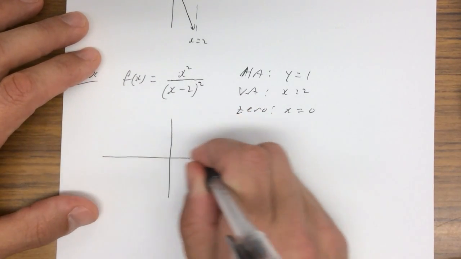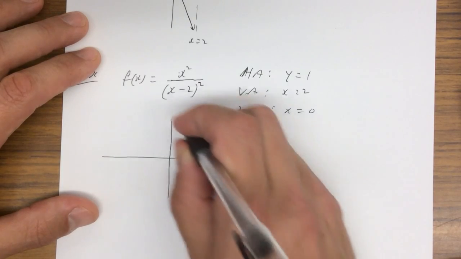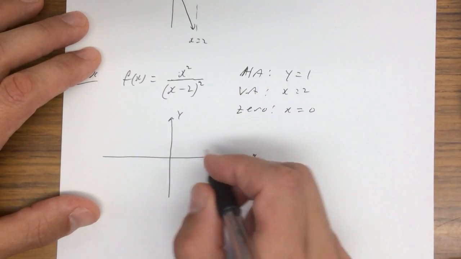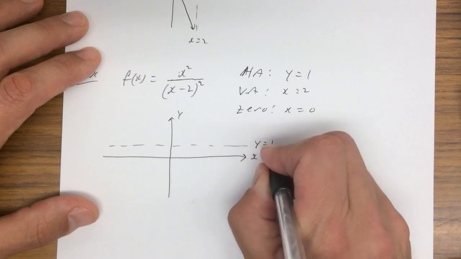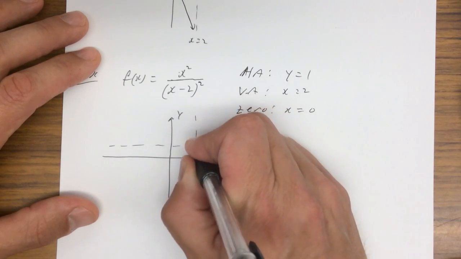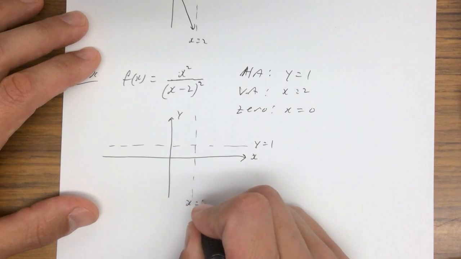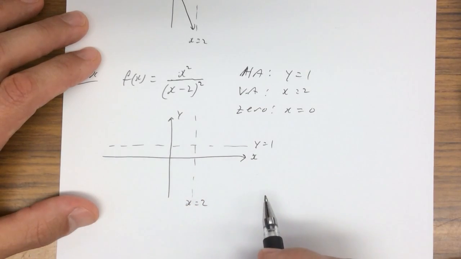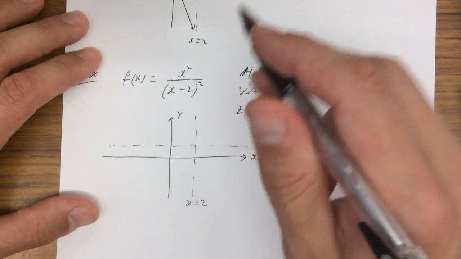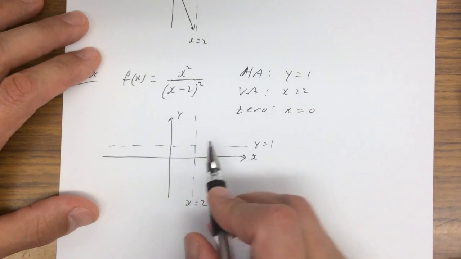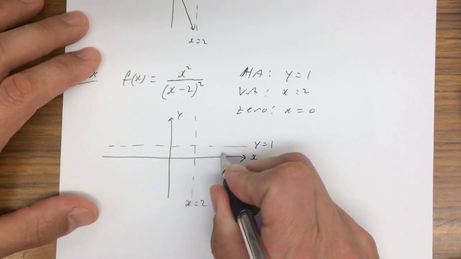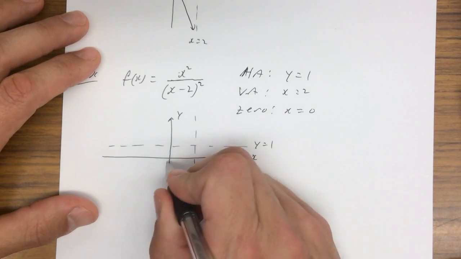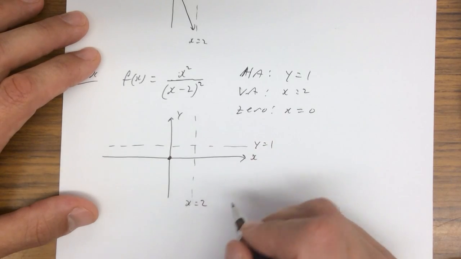So draw it. We've got the x-axis, y-axis, horizontal asymptote of y equals 1, vertical asymptote x equals 2. Okay, so when x is greater than 2, we have the same situation. It cannot go through the x-axis because our 0 is over here.